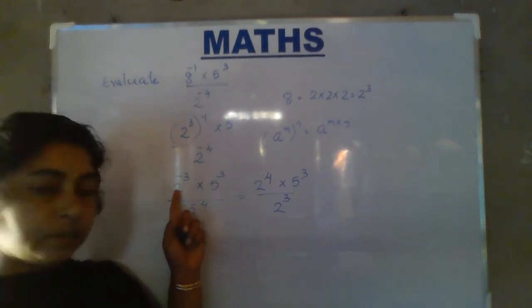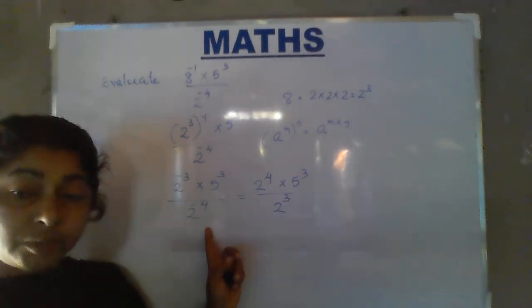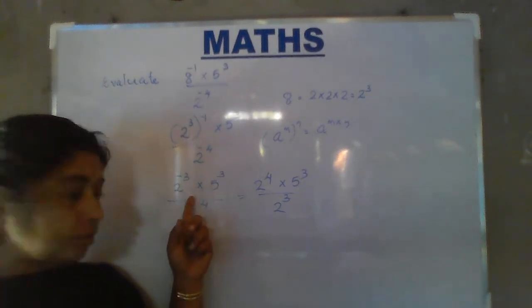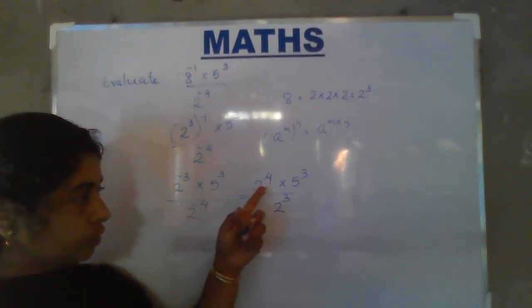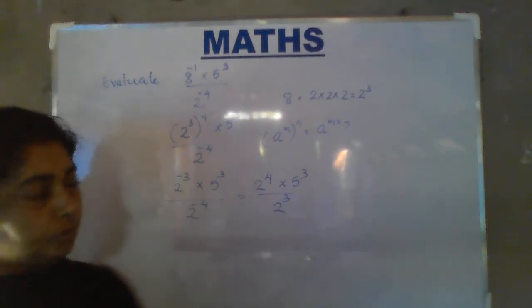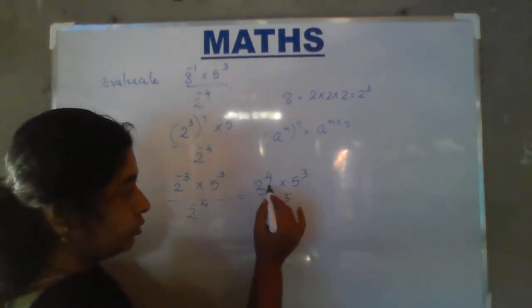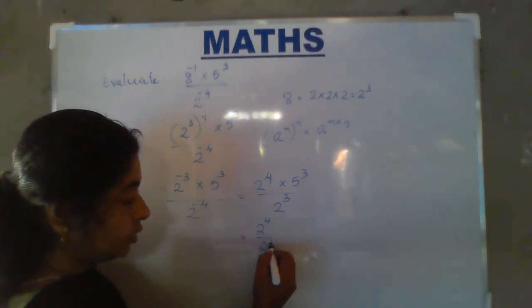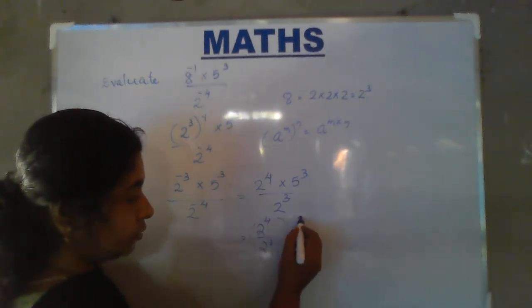This 2 raised to minus 3 comes to the denominator, it becomes a positive exponent, and 2 raised to minus 4 comes to the numerator, it becomes a positive exponent. So 2 raised to 4 into 5 raised to 3 by 2 raised to 3. Now combining 2 raised to 4 and 2 raised to 3, we get 2 raised to 4 by 2 raised to 3 into 5 raised to 3.